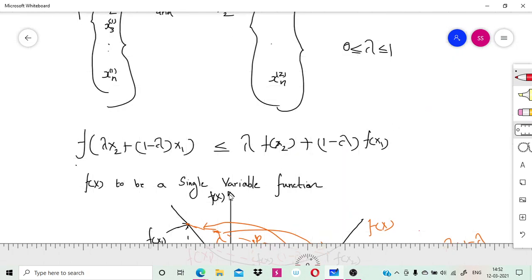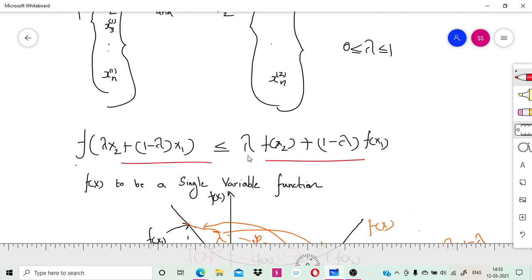That means this definition, that is, f of lambda x2 plus 1 minus lambda x1 is less than lambda f of x2 plus 1 minus lambda f of x1. So we have meaningfully defined the less than value. What if it is equal?